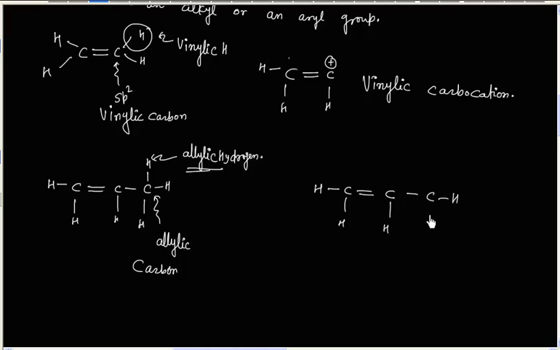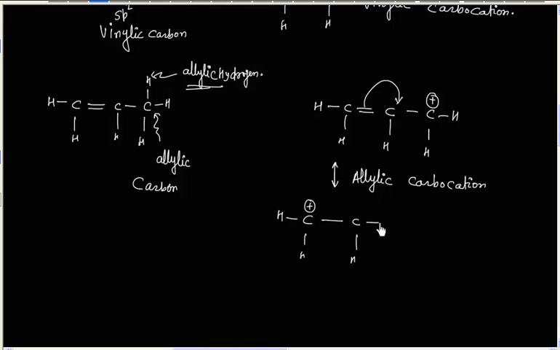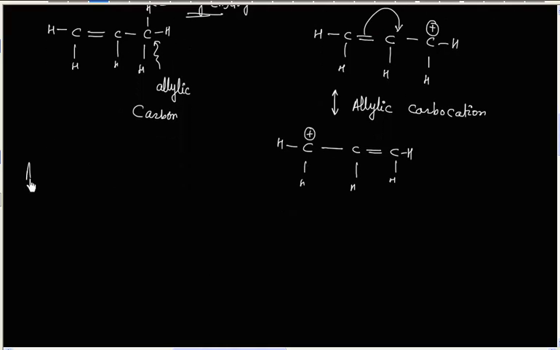After removal of hydrogen, we will have this group and a positive charge over this carbon. This carbocation is called allylic carbocation. Now in case of allylic carbocation, we have a resonating structure. So allylic carbocation is resonance stabilized.